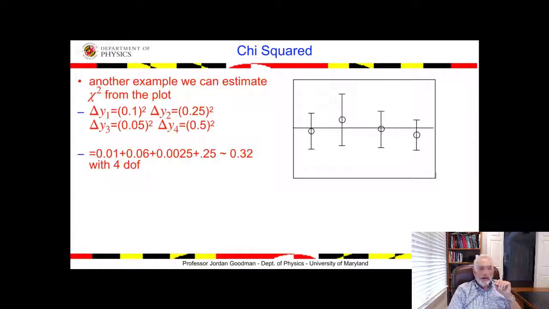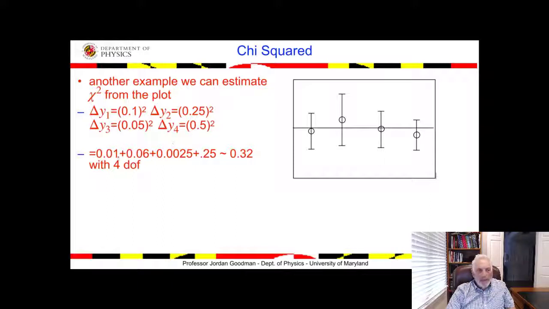Let's do this one more time. So here we have another plot, and we can estimate the same things. We can say this first one is about, let's say, a 1/10. So we take 0.1 squared, and this is about a quarter away from the line. So 0.25 squared, and this is the middle of this thing, so 0.05 squared, and this is a half, 0.5 squared.